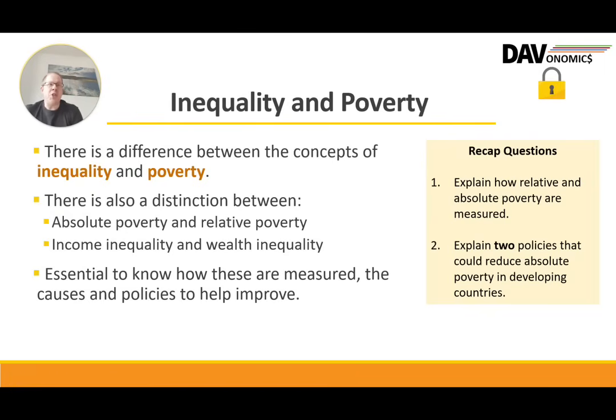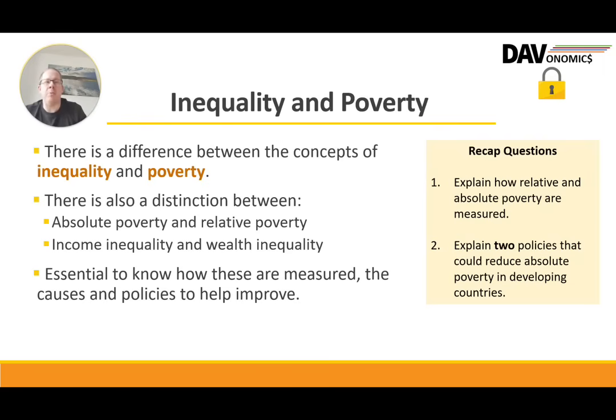Inequality and poverty. There's usually something in this pack somewhere in the exam, but I thought it would be good to emphasise that difference between inequality, which is all about the rich, highest income versus lowest income, versus poverty, where you're potentially either absolutely poor, so you're below a certain income poverty line, you can't afford essential goods and services, and relative poverty, where you are poor relative to other people.